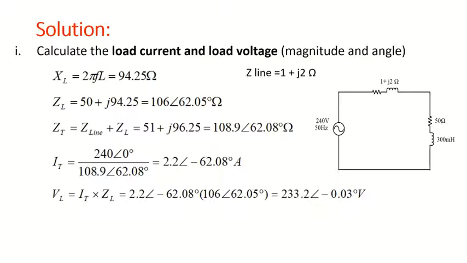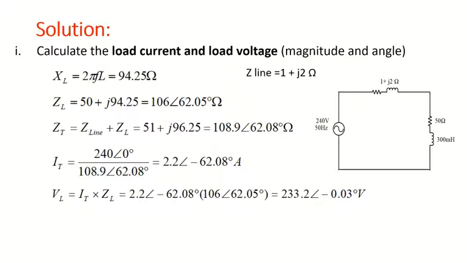To find the impedance, you have to convert the inductor into ohms using 2 pi fL. So the Z load is equal to 50 plus j94.25. In phasor form, you get 106 at 62.05 degrees ohms.